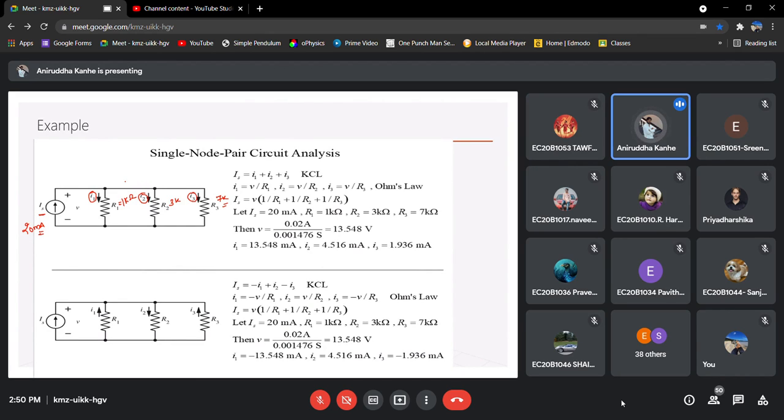Can anyone tell me how the current division rule can be utilized here? First, we'll find effective resistance, sir. Okay. Already, I think the solution is given, but I'm looking for how to use the current division rule.